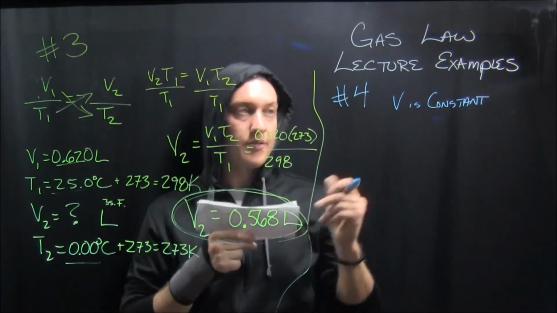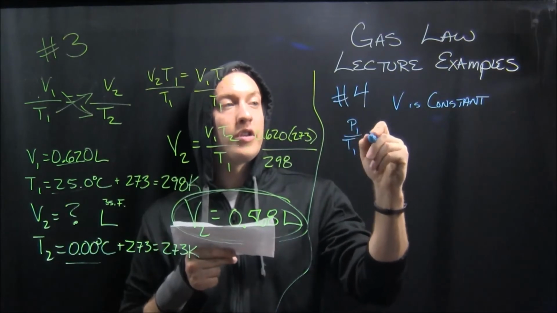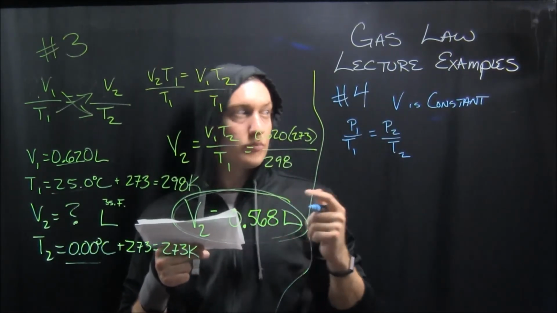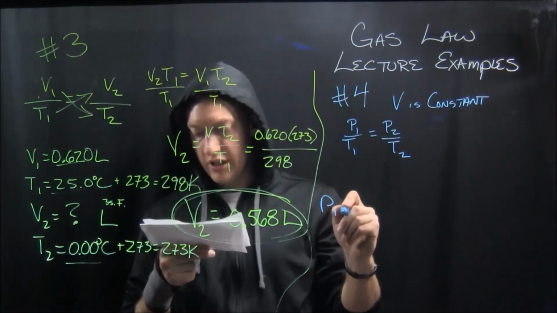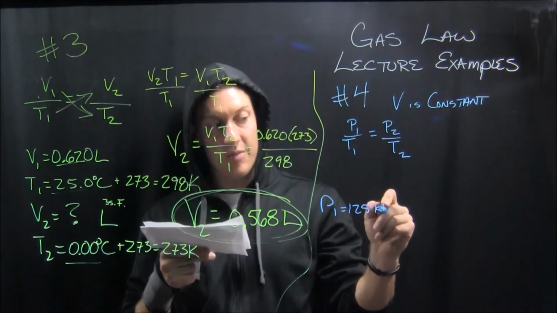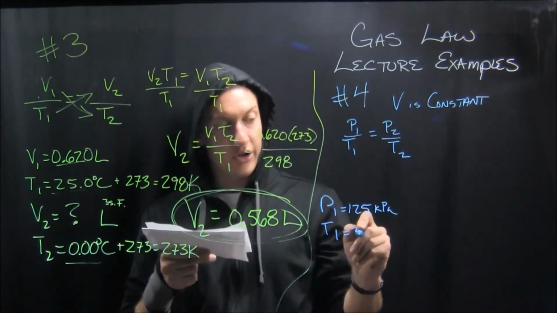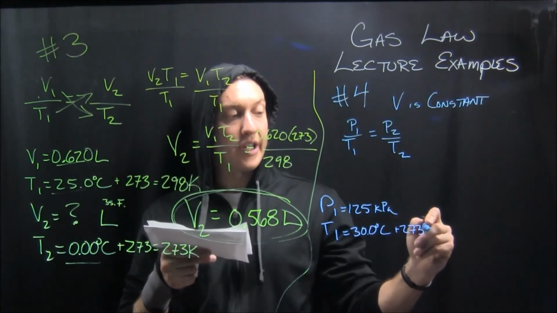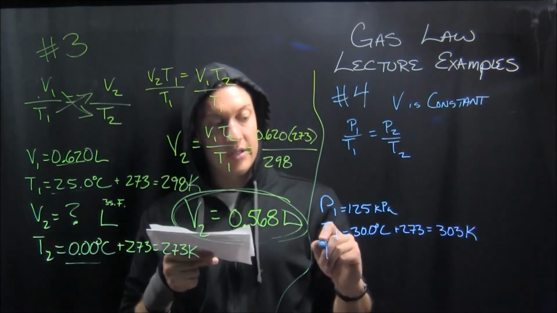So it's going to be P1 over T1 equals P2 over T2. P1 is 125 kPa, T1 is 30.0 degrees Celsius, and you're going to have to convert that to Kelvin, so that's 303 Kelvin.